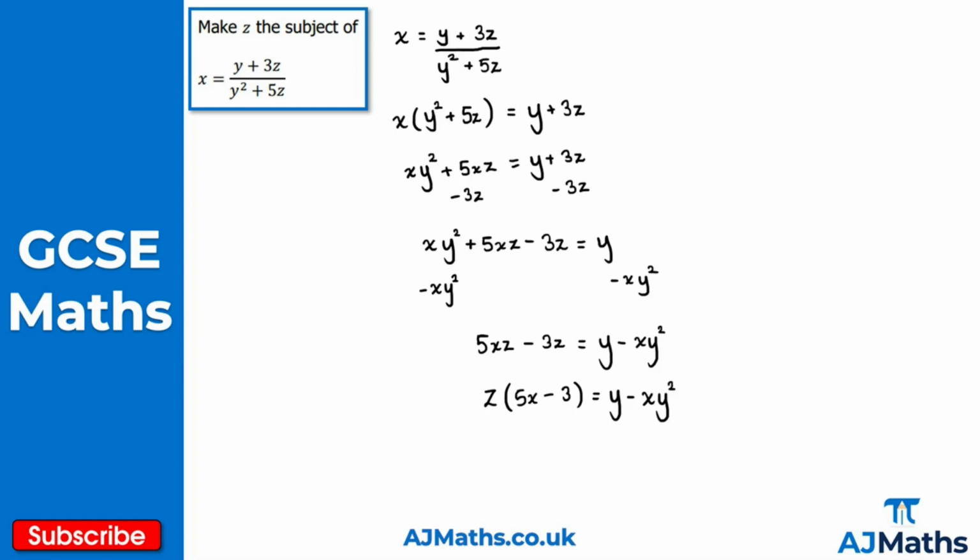And then finally, all I want to do now is, sorry, not factor, but divide through now by this 5x minus 3. Okay? Because that would simply give me z here on the left hand side. So z is equal to y minus xy squared, and that's all divided here by 5x minus 3.